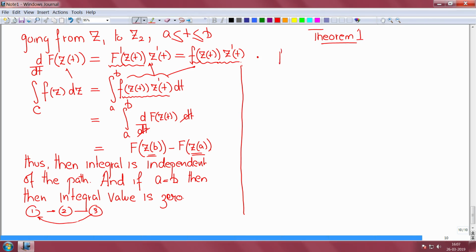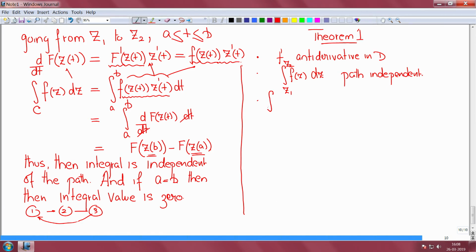So one was that f had an antiderivative in D. Then integrals of f between any 2 points z1 to z2 was path independent, and lastly integrals on closed contours was 0.